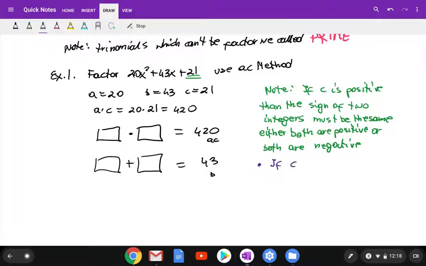So if C is positive, and let's talk about our example, and B is positive, like you see in our case, B is positive, both integers must be positive.